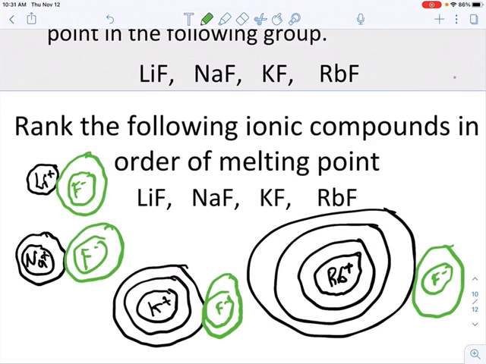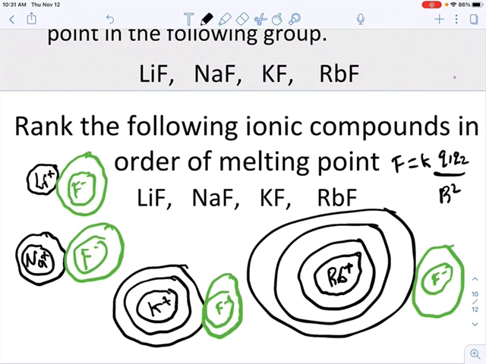So now, how can I compare the strength of attraction between these ions using Coulomb's law? Well, again, Coulomb's law tells us that the force of attraction is related to the constant times Q1, Q2 over R squared. Now, remember, in this case, they all have the same charge.